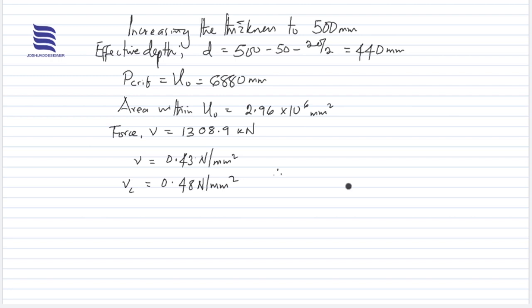So since V is less than VC, we can say our punching is okay, right? So simply we can agree that all our expressions now have been met according to the required design, right?